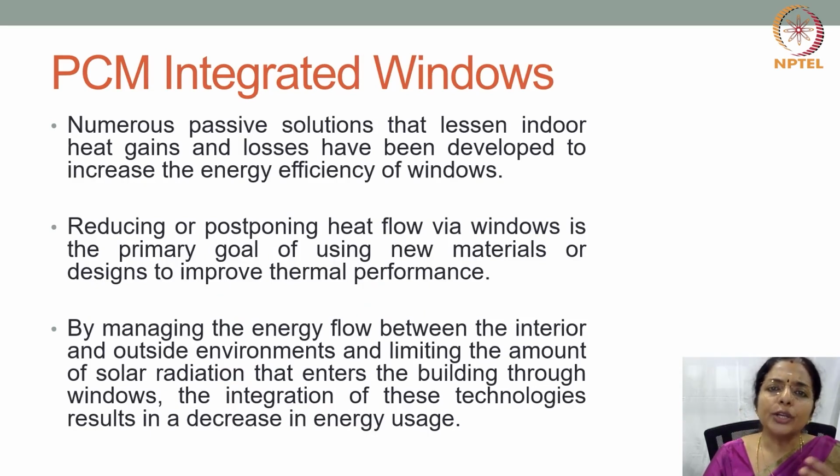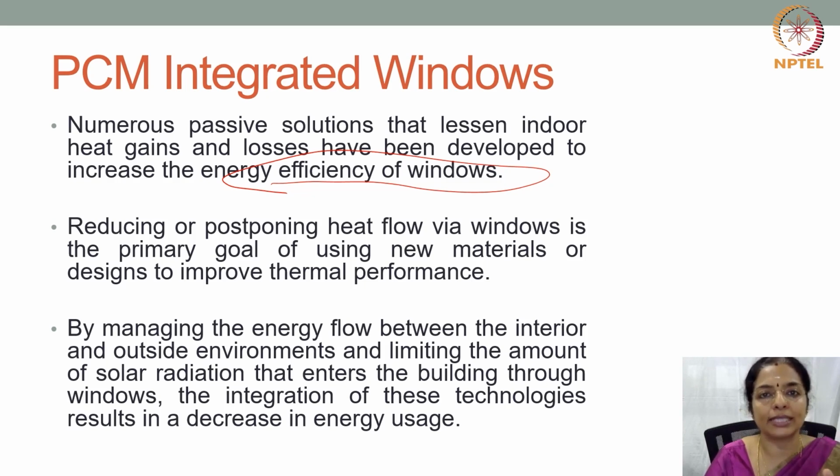So there are numerous passive solutions that lessen the indoor heat gains and losses. These have been developed to increase the energy efficiency of the windows. Reducing or postponing heat flow through the window is the primary goal of using new materials or designs to improve the thermal performance.